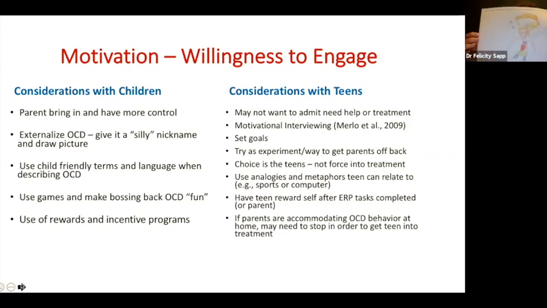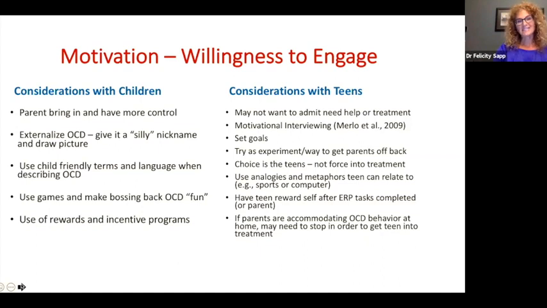This was a little girl who had, I guess it was more actually fear here, around her little OCD monster. This one, she called it Bad Piggy Pooch. So we want to make that concrete and make it fun for them, using child-friendly terms as well.